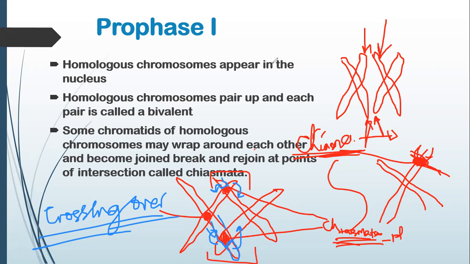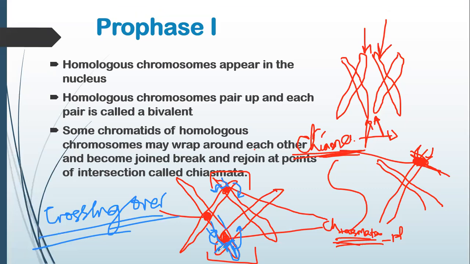Now, you are not just exchanging segments. Remember, these chromosomes carry DNA. The moment you break this segment from here, the whole of this is DNA. The same applies to this.